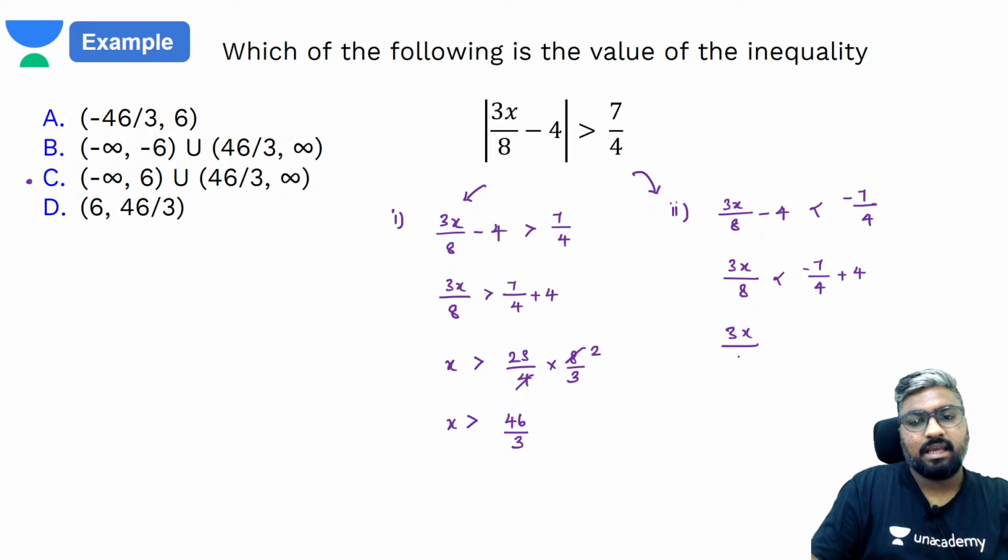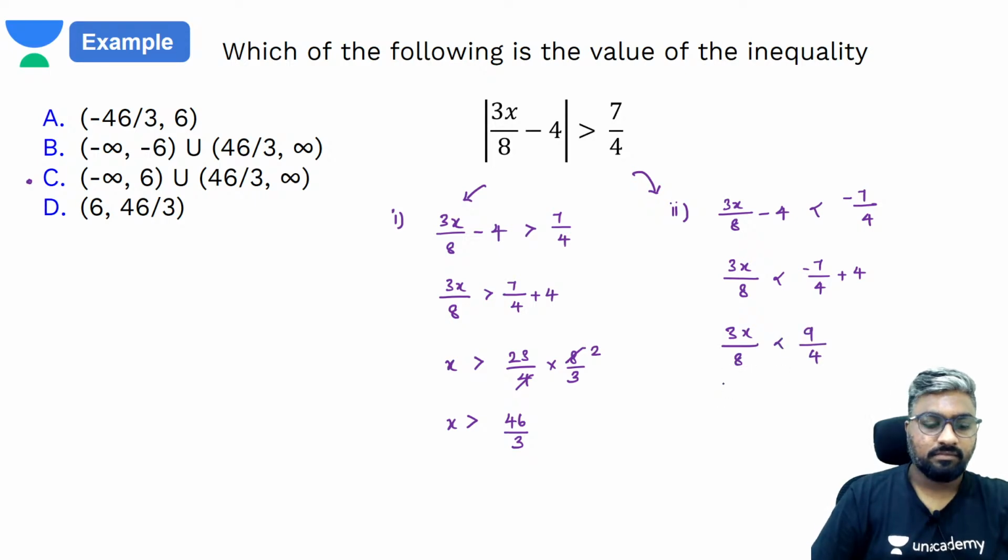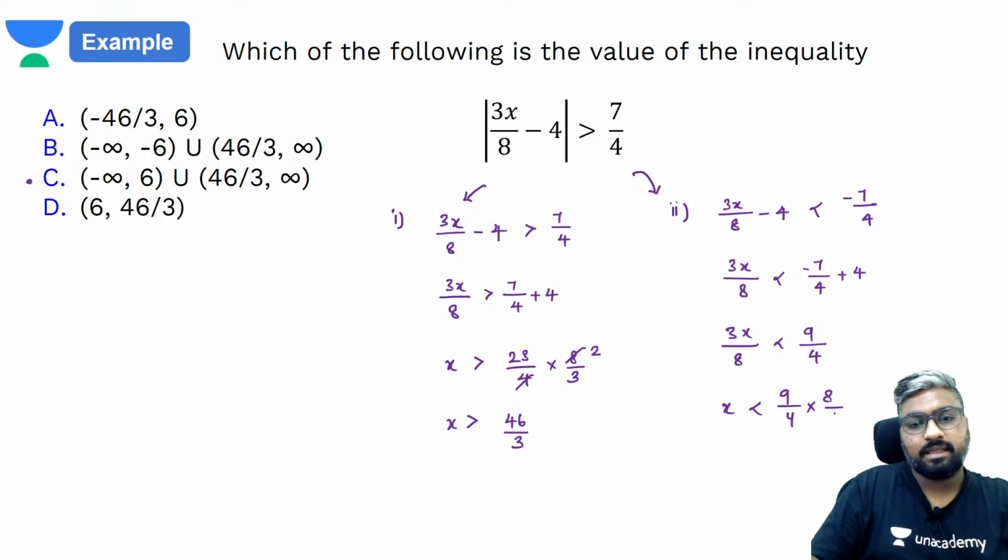So 3x/8 is less than 9/4. Further, multiply with 8/3. So x will be less than 9/4 into 8/3. So this is twice, this is thrice, x has to be less than 6.